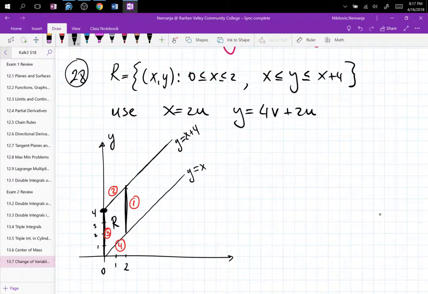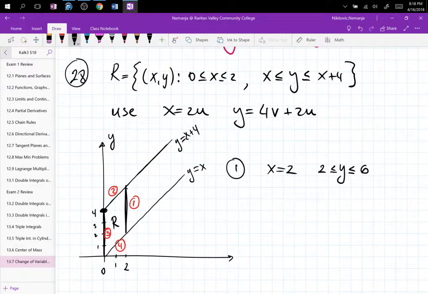Now, number 1 is just a vertical line, x equals 2, where y is stuck between 2 and 6. Do we see how this describes the first segment? The line that we are dealing with is x equals 2, and then y starts at y equals 2 and goes to y equals 6, and it stops. It's vertically up.